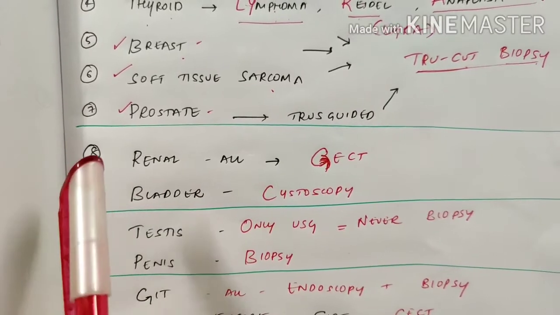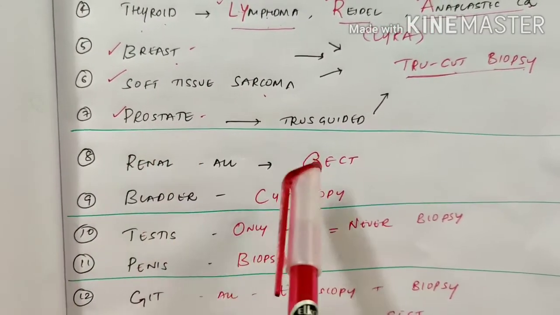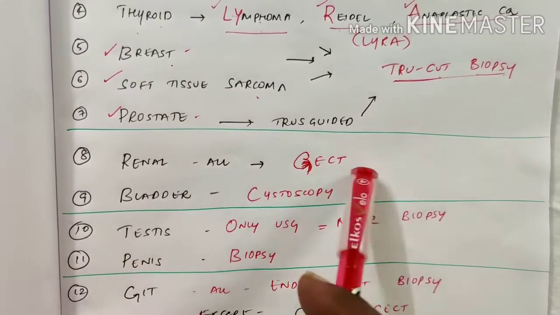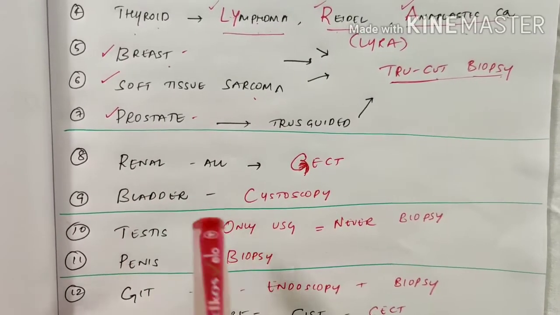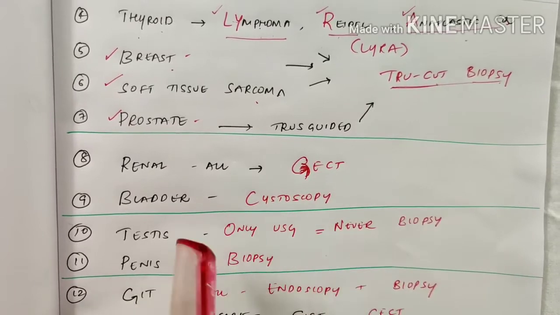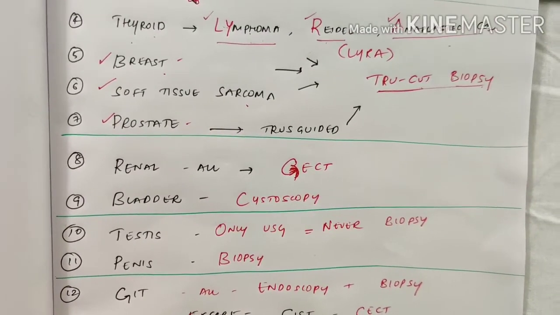And now comes renal. Almost all pathologies in renal, CECT is the investigation of choice. And for the bladder, you have to go through cystoscope. You have to scope the bladder, and you can go for whatever investigation you want.